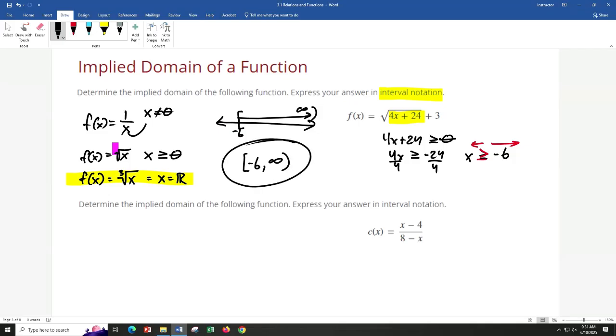What about the +3? Don't need it. This is why we call this an implied domain. We don't care about that. We're just worried about this. Let's go with what she said because she asked a good question. Well, what about the +3? Isn't that going to help that guy out? No, because if I end up with a negative here, it doesn't matter what happens outside this thing because now this has become undefined and I can't work out anything else.